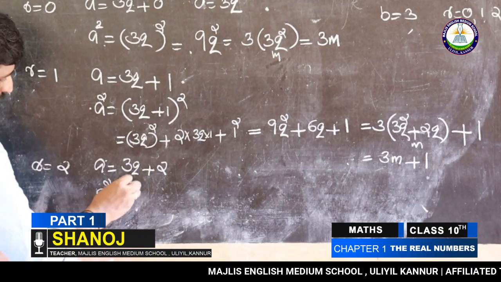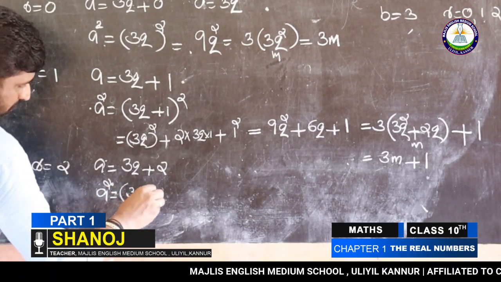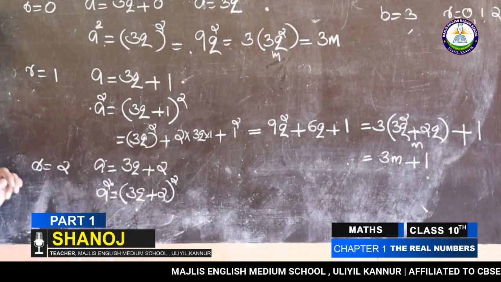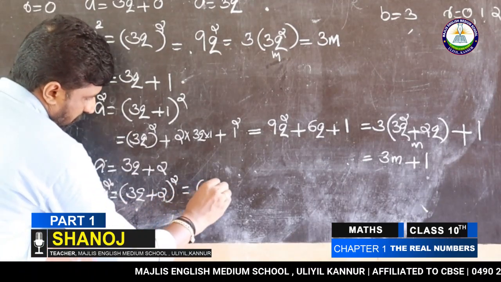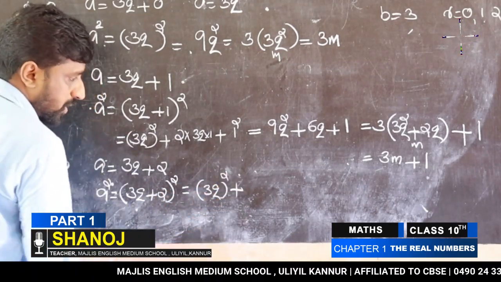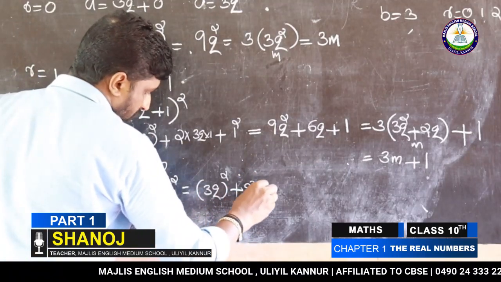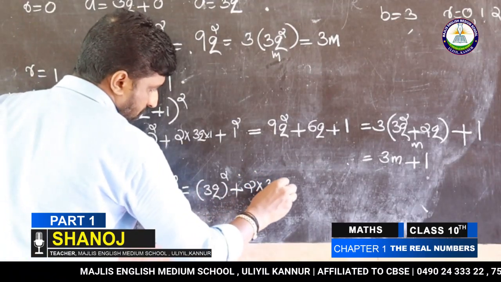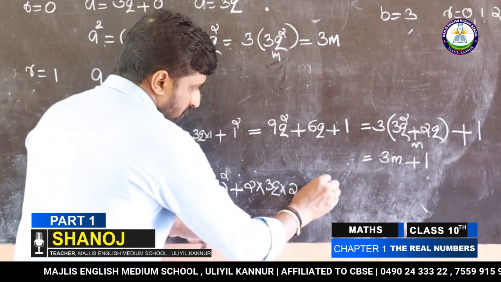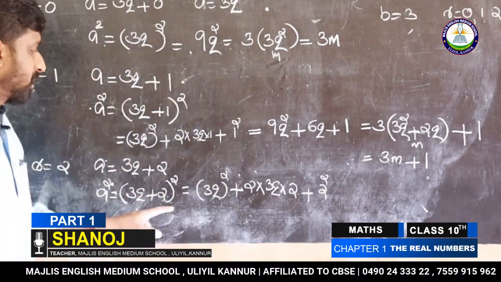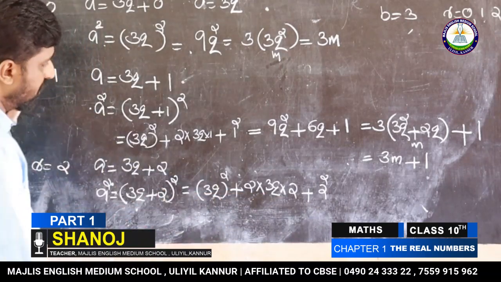A square equal to 3Q plus 2 whole square. That is again the A plus B whole square form. A square plus 2AB, 2 into 3Q into 2, plus B square. This can be expressed in the A plus B whole square form like this.